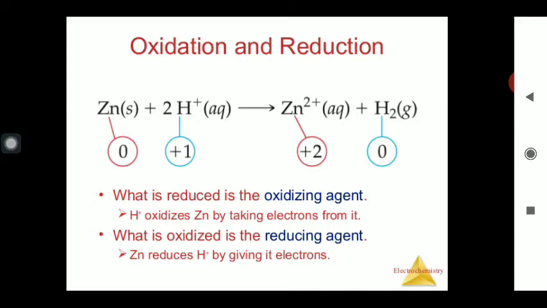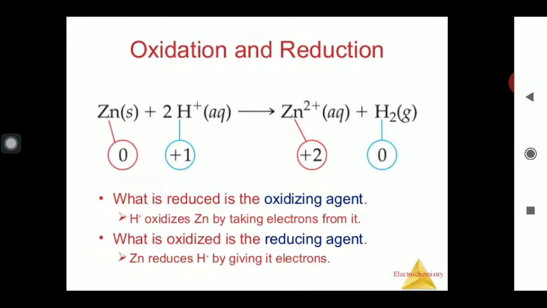On the other hand, the second type is where in one beaker the oxidation is taking place and in another beaker the reduction is taking place, and this type of reaction is known as an indirect redox reaction. The beaker where oxidation takes place is known as the anode beaker, while the one where reduction takes place is known as the cathode beaker.